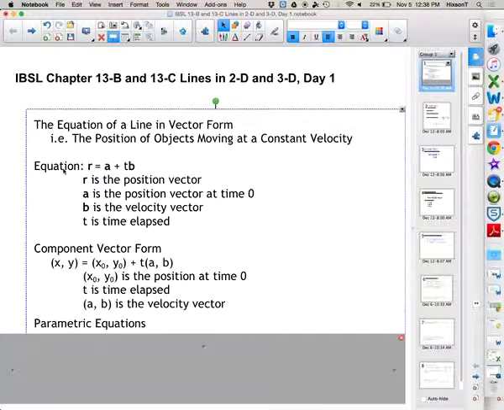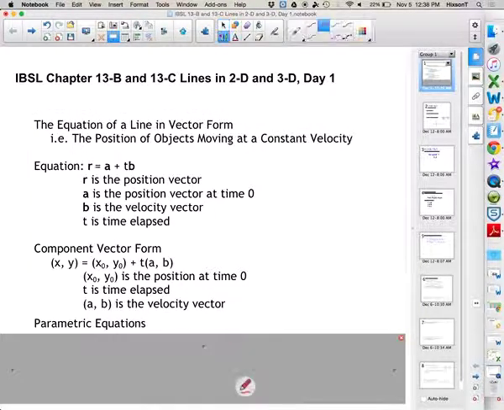So what we would do here for our parametric equations, notice here in the component vector form, x comes first, and then these are vectors, right? So we could do vector addition. So watch this. If I do vector addition, I would have x sub naught, y sub naught, plus at, bt.